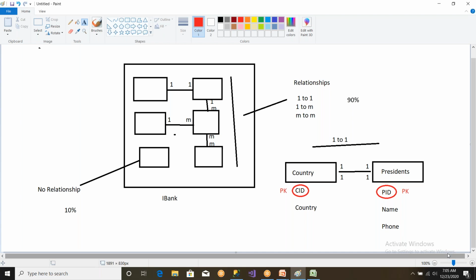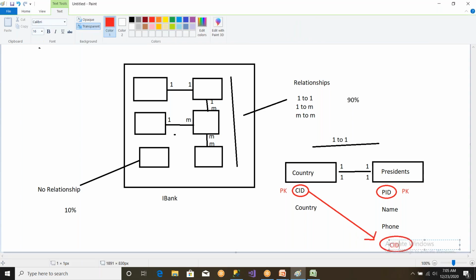What RDBMS gurus will say is, you take any primary key from any table, either you take this primary key or that primary key, you can keep it in the opposite table. Clear? You can keep this column in the opposite table as well. So here we are going to have a CID.